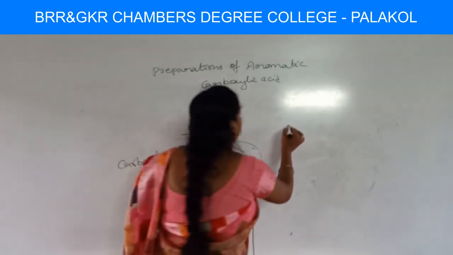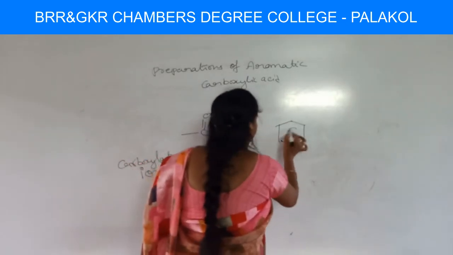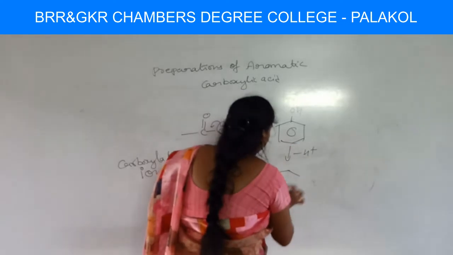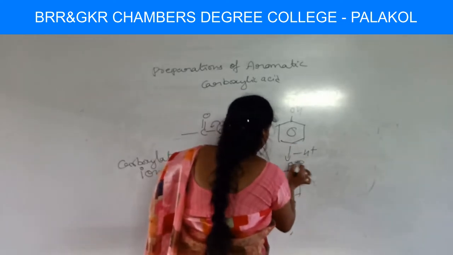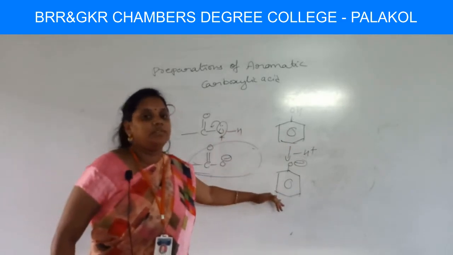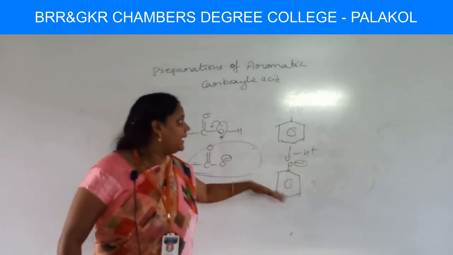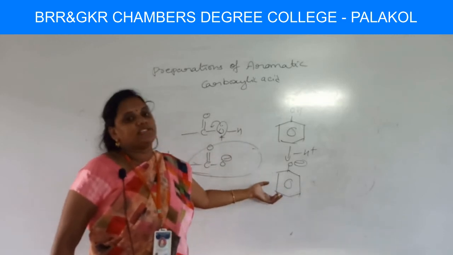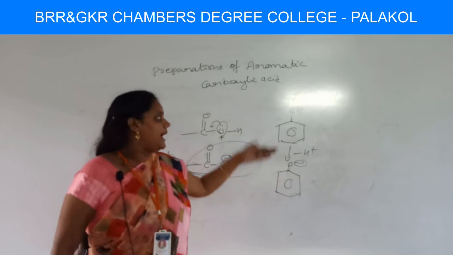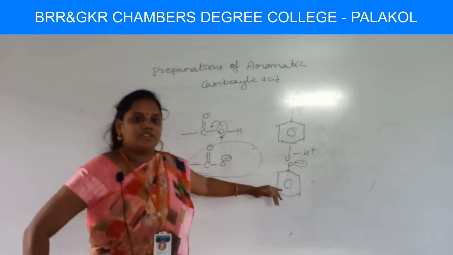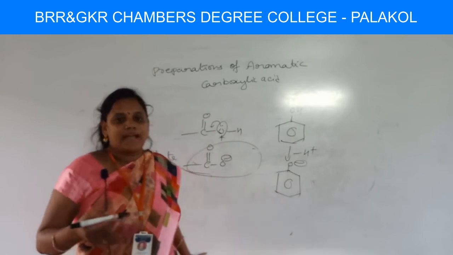For example, if you consider phenol also. Phenol, if you remove a proton, you will get the phenoxide ion. But the resonating structures of the phenoxide ion are more stable than the parent phenol, because if you write the resonating structures of phenol and phenoxide ion, in the phenoxide ion the resonating structures do not have charge separation.